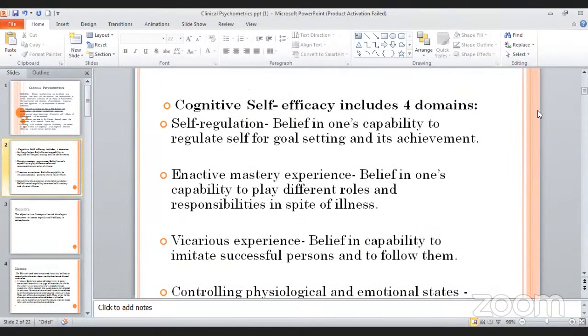It includes 4 domains. Self-regulation is belief in one's capability to regulate self for goal setting and its achievement. Enactive mastery experience is belief in one's capability to play different roles and responsibilities in spite of illness. Vicarious experience is belief in capability to imitate successful persons and follow them.